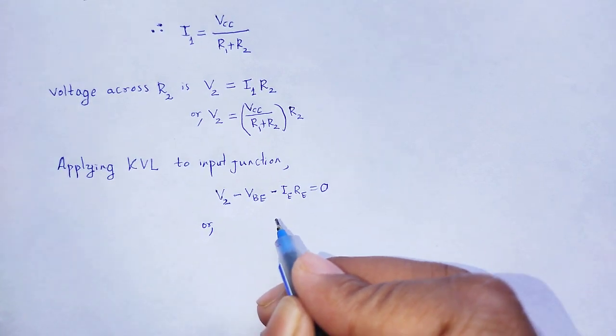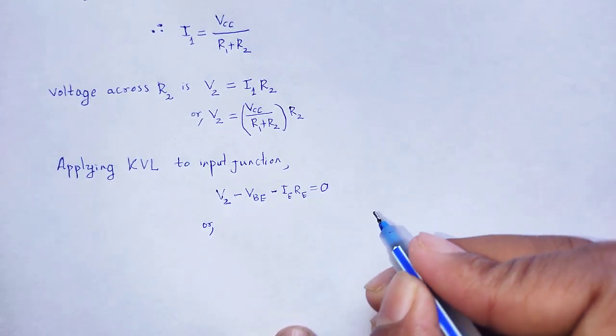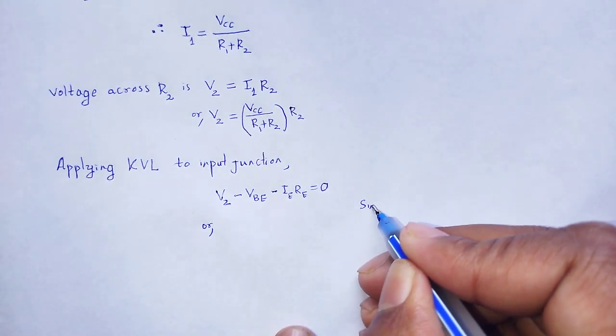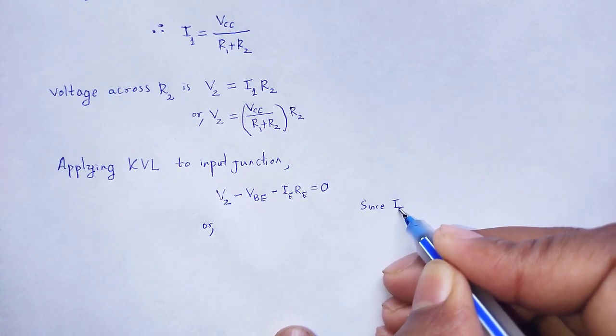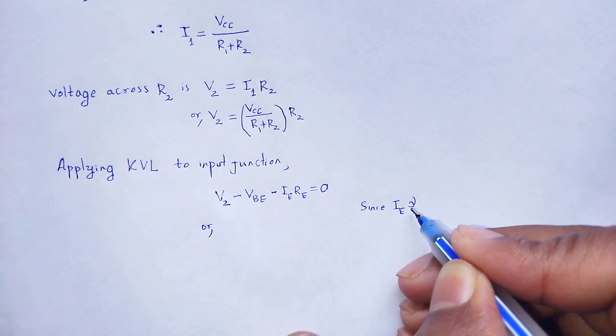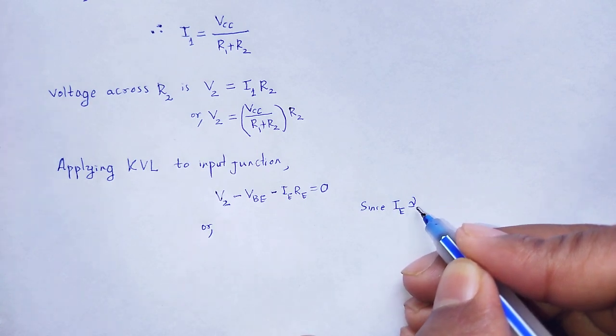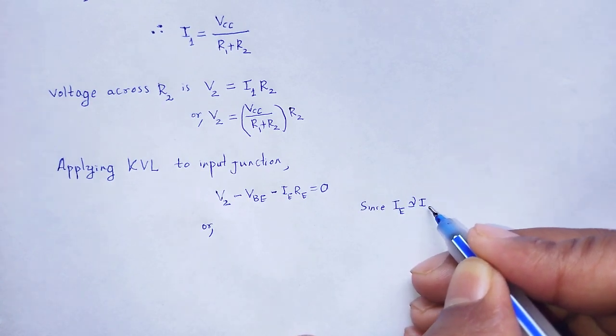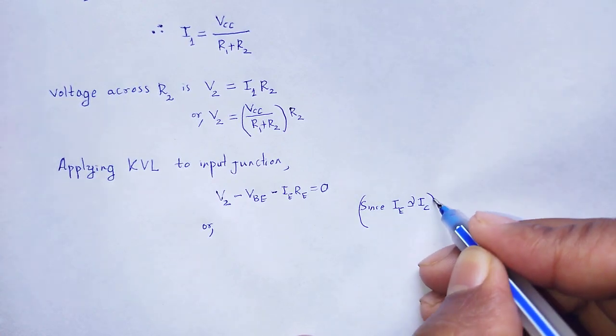Therefore, since we know emitter current is very similar, the amount is nearly equal to that of collector current.